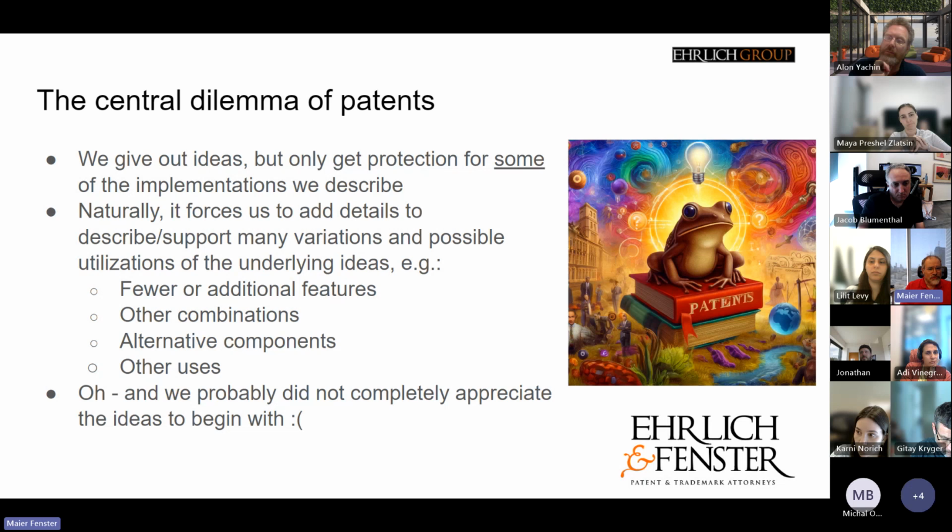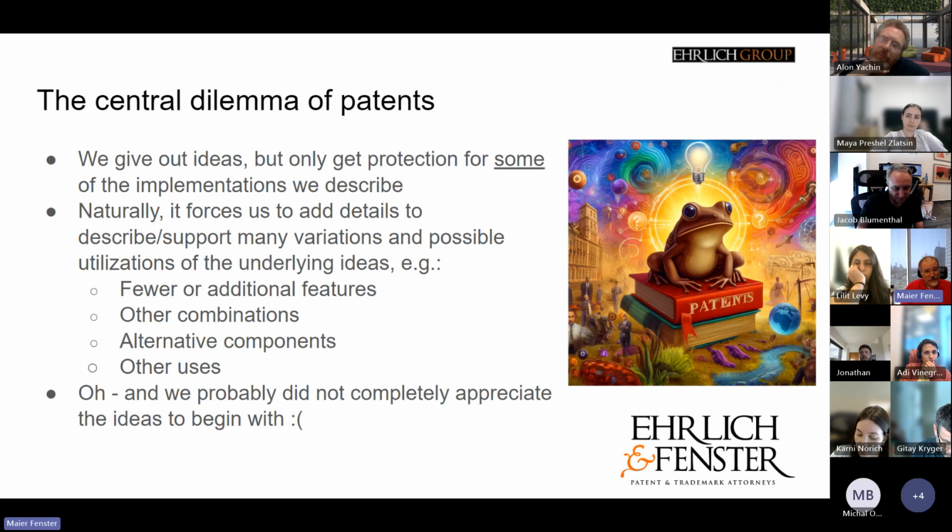I call this a central dilemma of patents. Why? On the one hand, we give out ideas. Anybody reading a patent application can extract useful and interesting ideas out of it. But you only get protection for some of the implementations that you describe in the patent, not all of them.